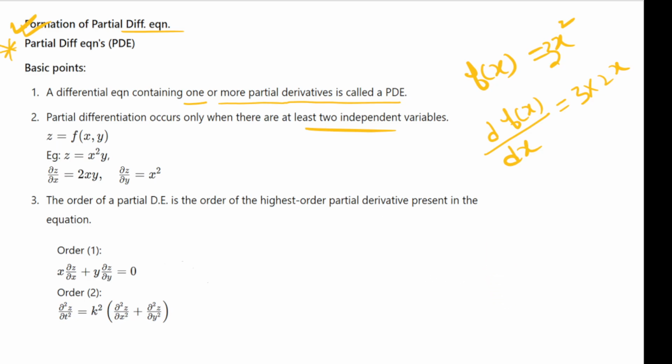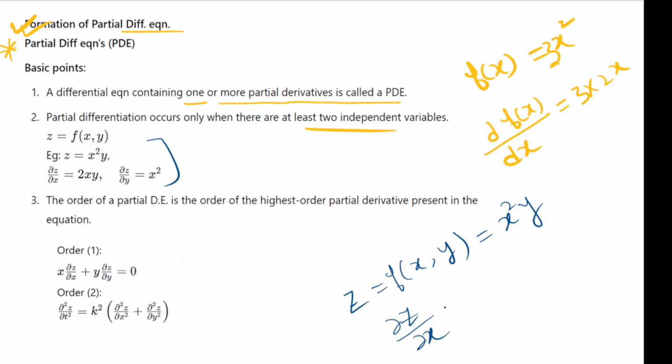So I am writing it down here. You are given that z is a function of x as well as y, right? And this is also equal to x square into y, as I have written here. Now if I differentiate this equation with respect to x, I will only operate on x and treat y as a constant.